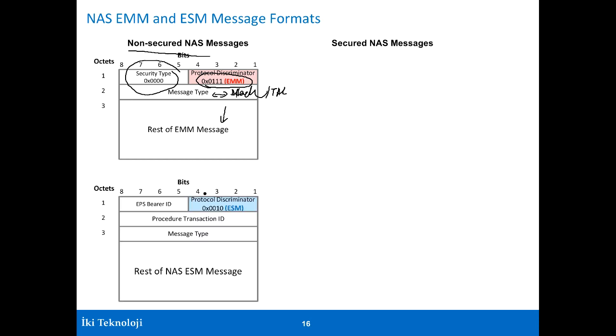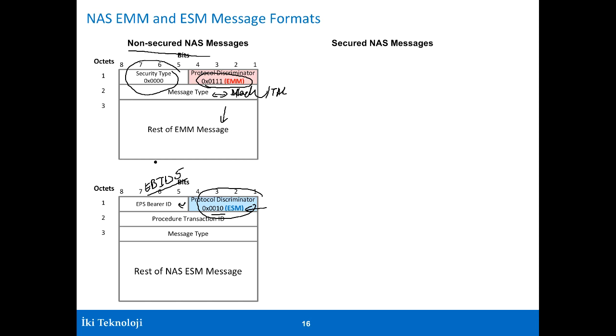Now for an ESM message, we actually have the protocol discriminator over here, which parallels that, except that with a value of 0010, this is ESM. So once you see this value, you know ESM. But then the first field over here is the bearer ID, the EPS bearer ID, EBID, as we've been calling it in all of these. So the very first data bearer that was set up, which was 5, this is the bearer ID.